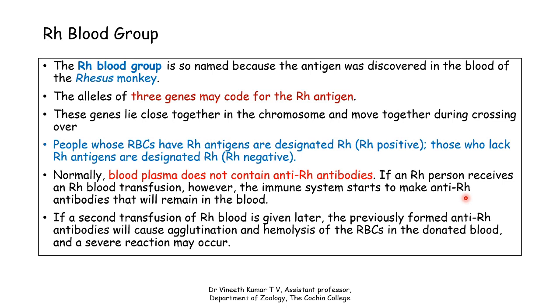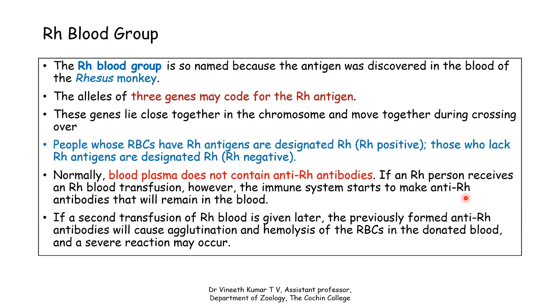Normally the blood plasma does not contain anti-RH antibodies, unlike the ABO blood group system, where microbial antigens trigger the formation of antibodies against the RBCs because of cross reactivity or similar antigens present on both. Such a case is not seen with RH antibody. That means the blood plasma naturally does not contain any antibodies for RH antigens.